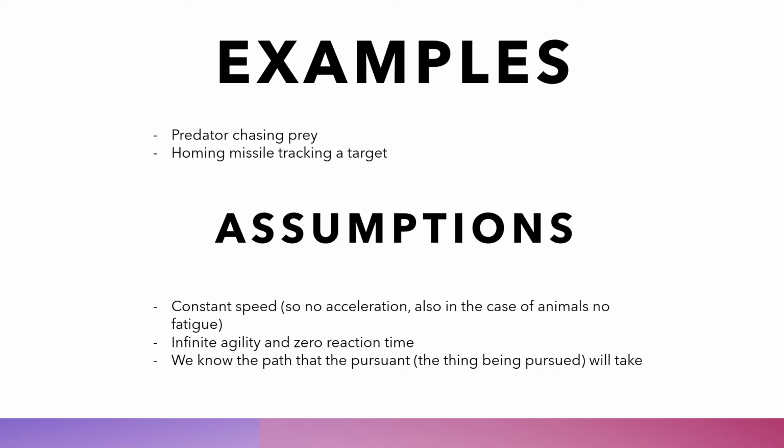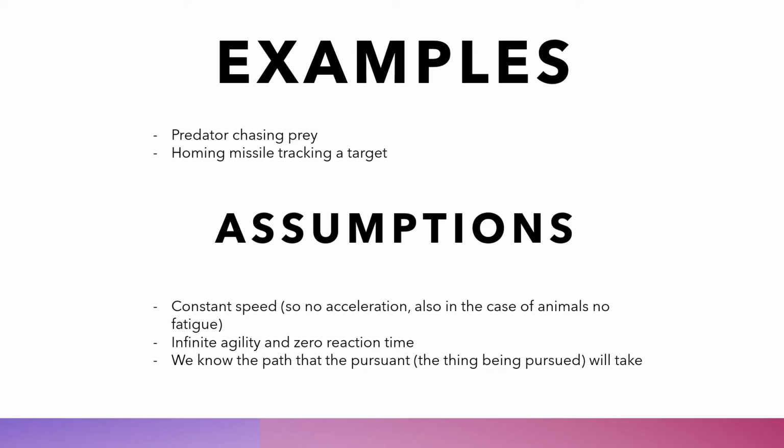Some examples of this would be a predator chasing prey. That could be a fox chasing a rabbit, or a hawk chasing down whatever it is a hawk eats in the sky. Or it could be a homing missile tracking its target.